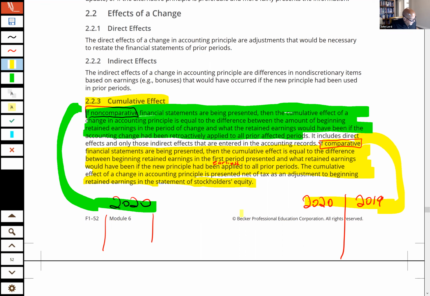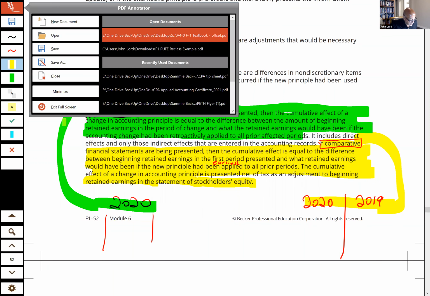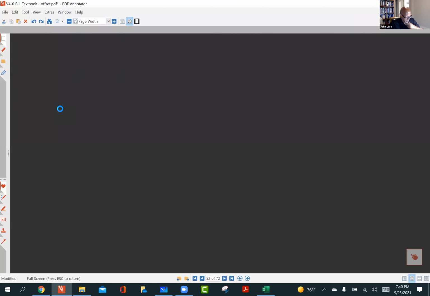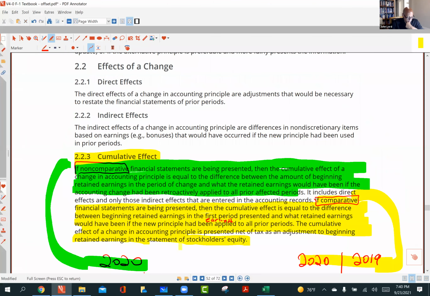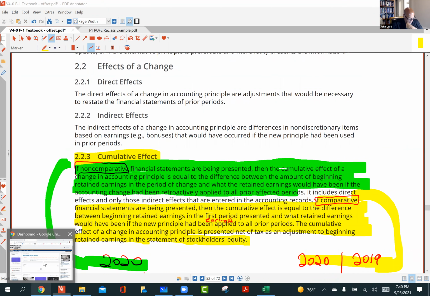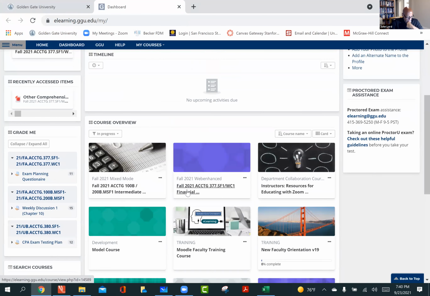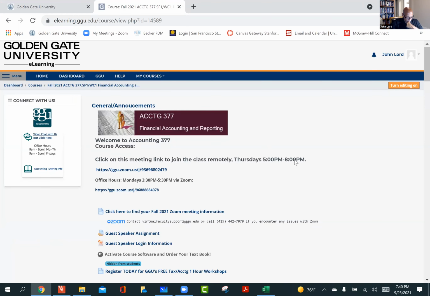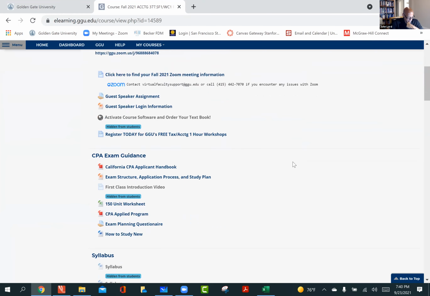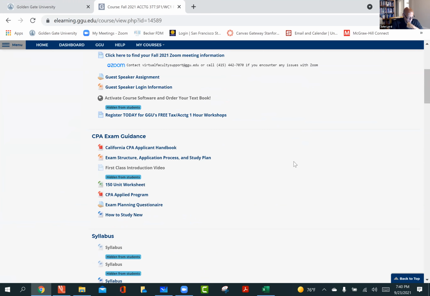Now, you take a look at e-learning, which is on my screen right here. This is why I was kind of panicking before class with the IT folks, because I need to get into e-learning to show you guys this.